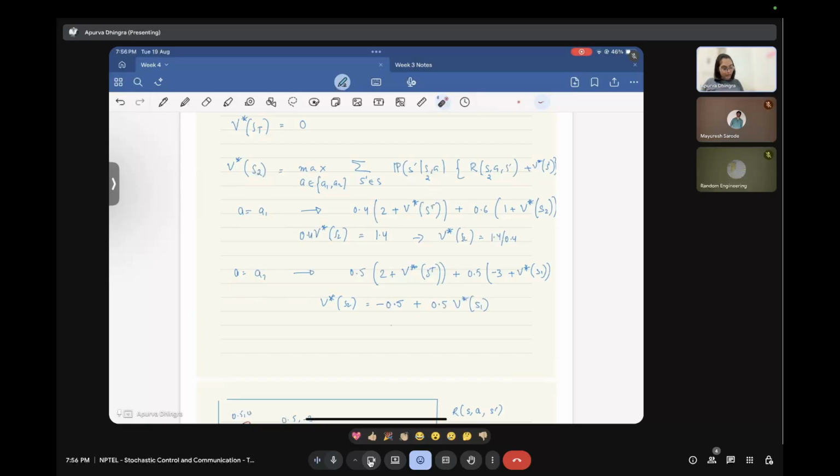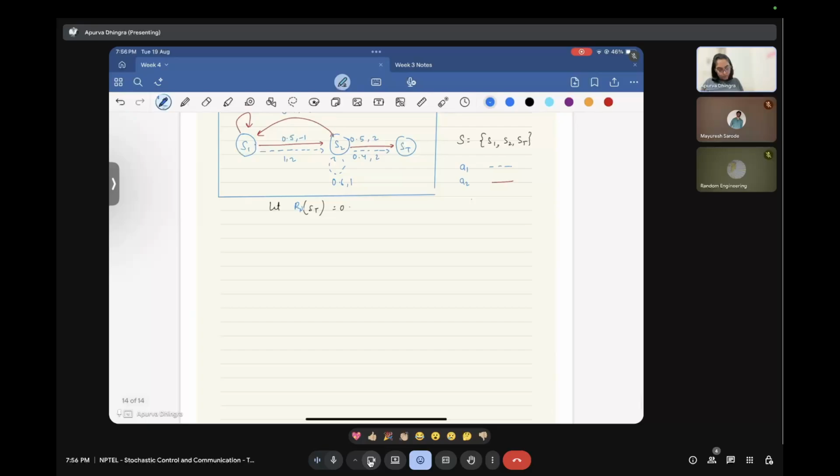Okay, we'll try and come back to this later. Even though we have a value here, if this particular value can't beat this, this action should be taken. If not, then this action will be taken, and we need to know exactly what should be the value of VS1.